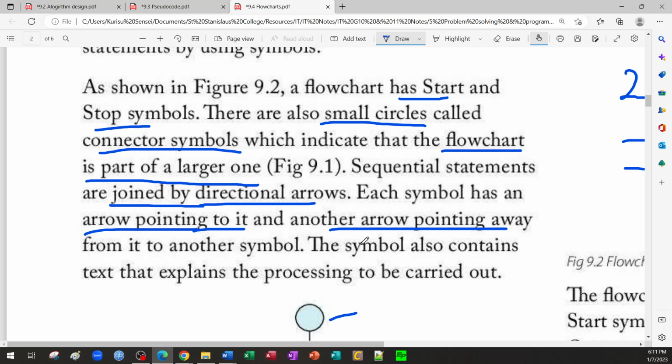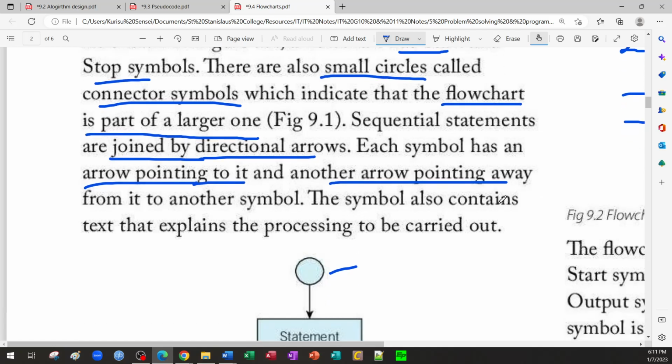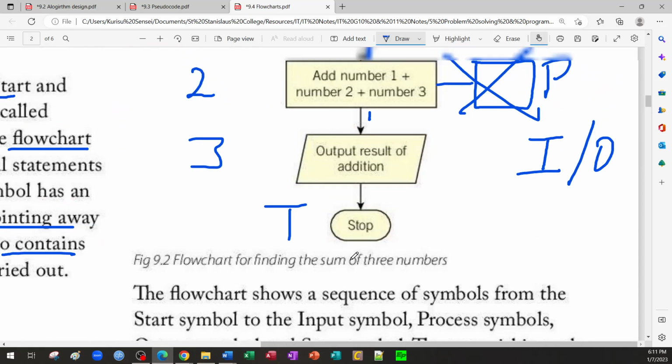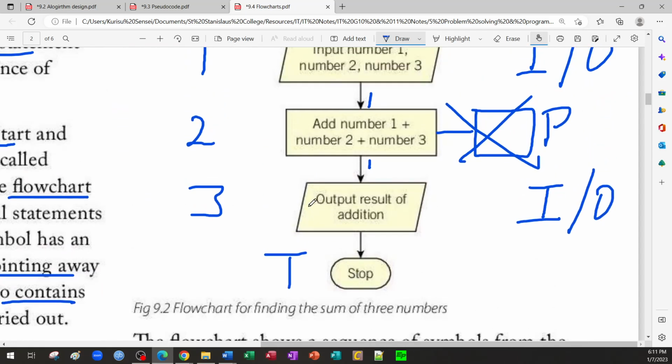That's what's indicating our direction. The symbol also contains text that explains the processing to be carried out. So we already covered that even though we know that this is the input and output symbol, we still put that keyword. We're still saying what is happening inside of that symbol.